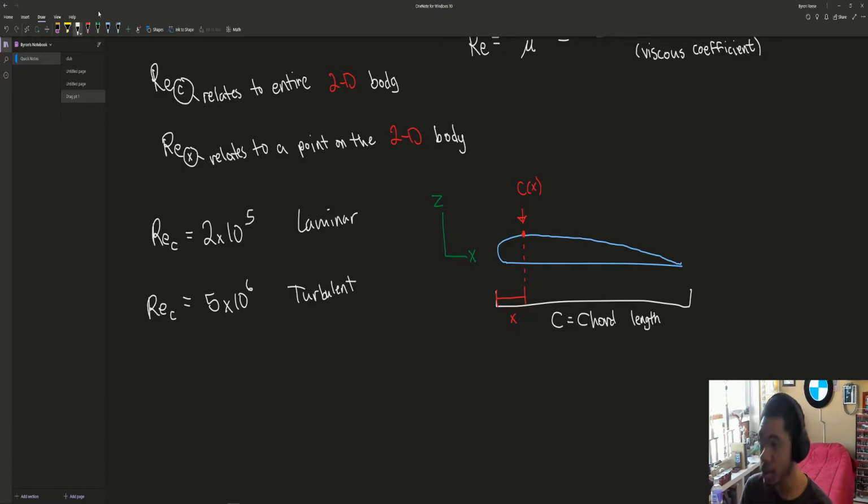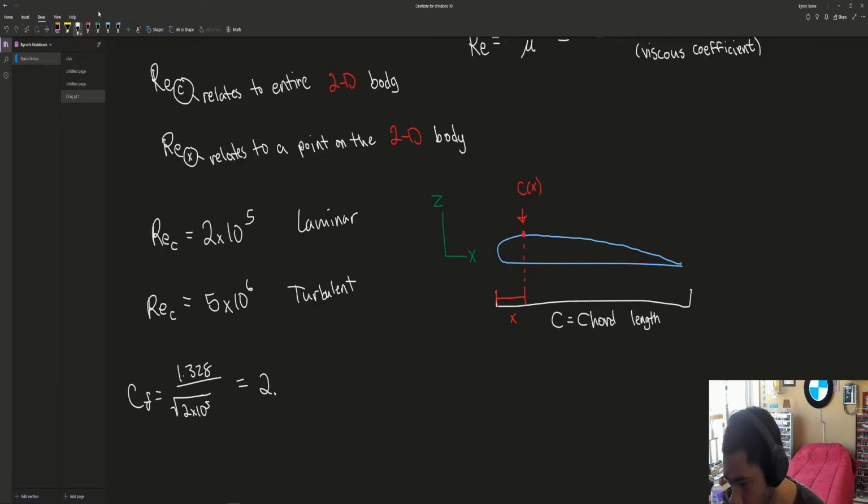Now we're going to go ahead and plug it into those subsonic formulas I gave you. So using the laminar one, we get Cf is going to be 1.328 over the root of 2 times 10 to the 5th. We'll get 2.97 times 10 to the negative 3.